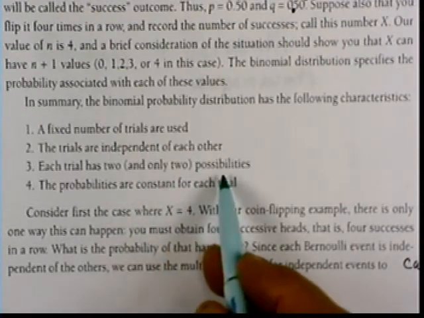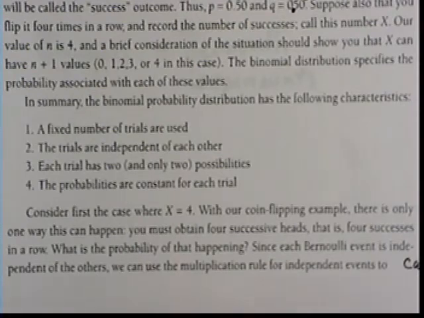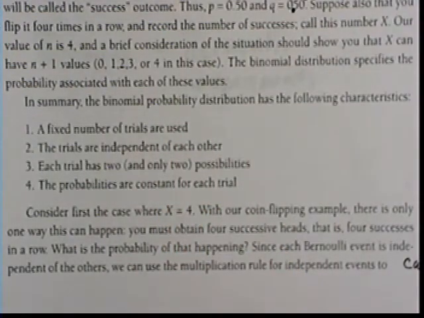Each trial has two and only two possibilities, and the probabilities are constant for each trial. When we flip a coin, it's the possibility of heads or tails. Heads 50% of the time, tails 50% of the time. So the probability is going to be constant for each time. So that's what a binomial probability distribution consists of. Remember, we talked about it earlier in these sessions, that it was going to be a discrete probability.